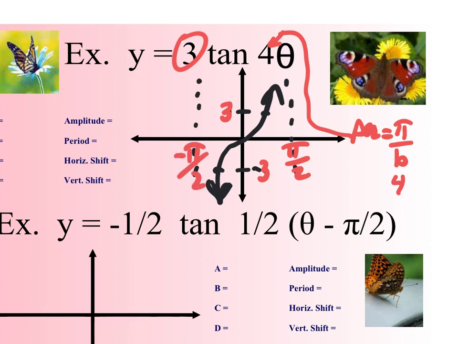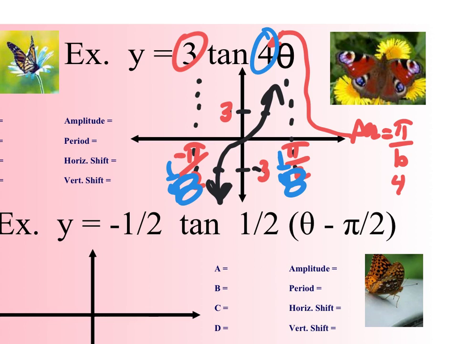But this isn't normal tangent. So we take this number right here and we say, should that multiply everything by 4? Nope, because it's on the inside. It should multiply everything by 1/4. And so this has become now pi over 4 times 2 is 8. And this is pi over 8. And so those are our new asymptotes for this new function.